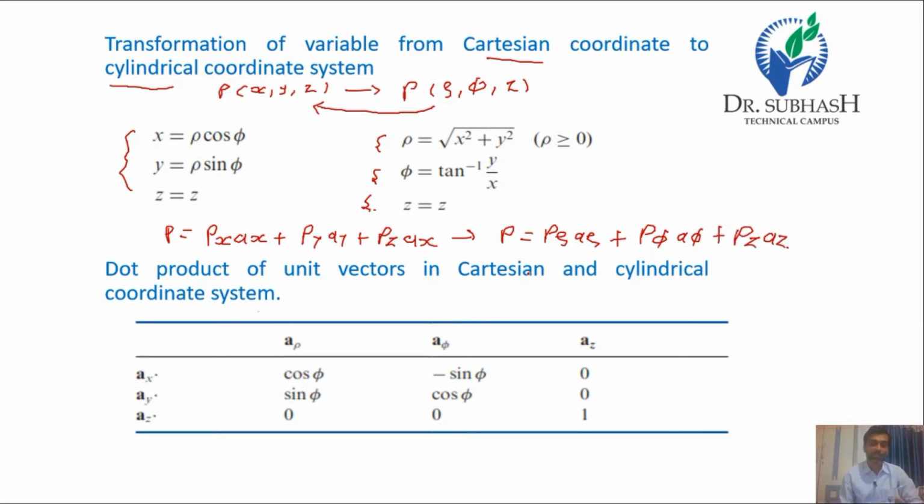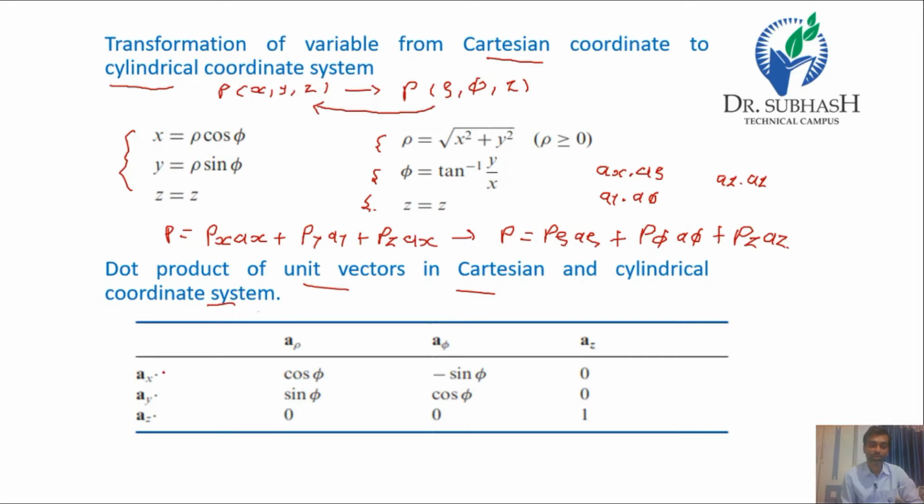Then we have to use the dot product, which can be either Ax dot A rho, or Ay dot A phi, or Az dot Az. Then we use this table for transformation of the unit vector from Cartesian coordinate system to the cylindrical coordinate system.